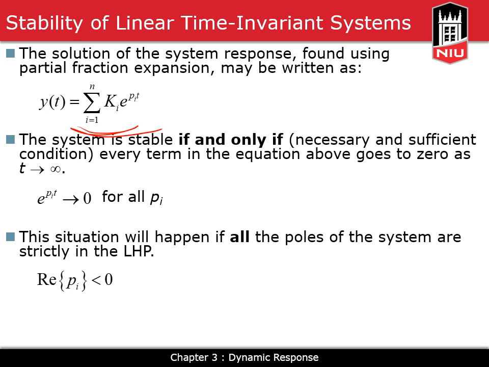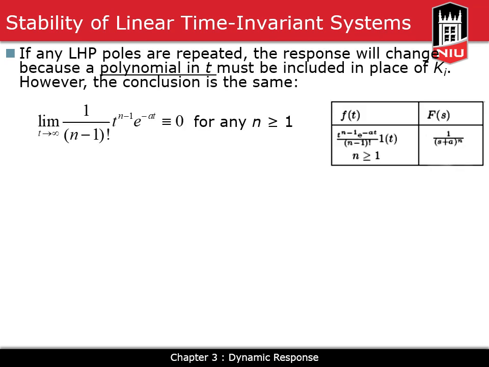So as we said, this situation happens if all the poles of the system are strictly in the left half plane. In other words, the real part of all the poles is negative. If any left half plane pole is repeated, the response will change because a polynomial in t must be included in place of ki.